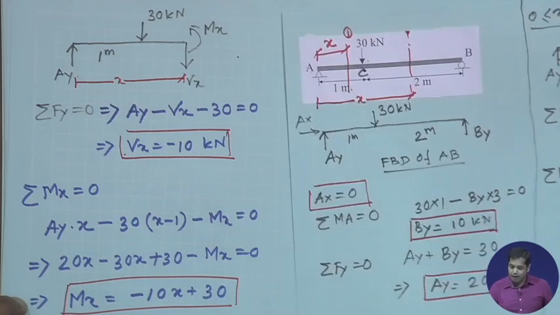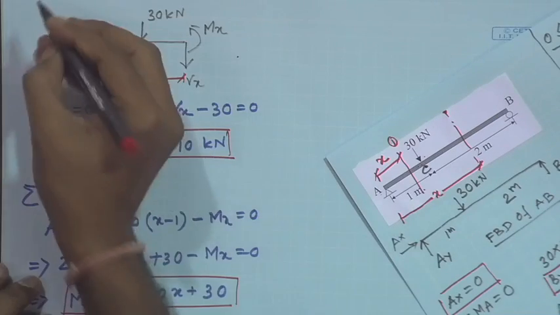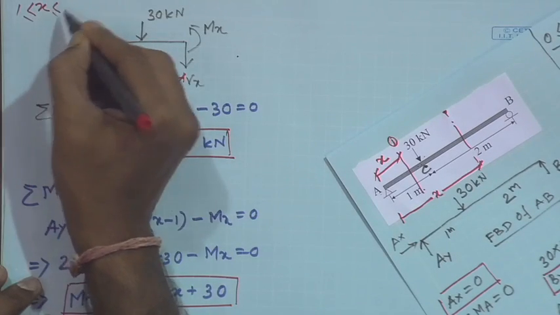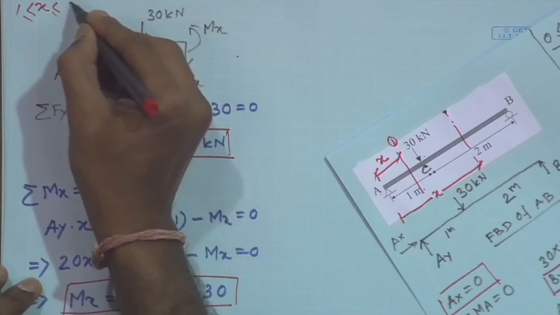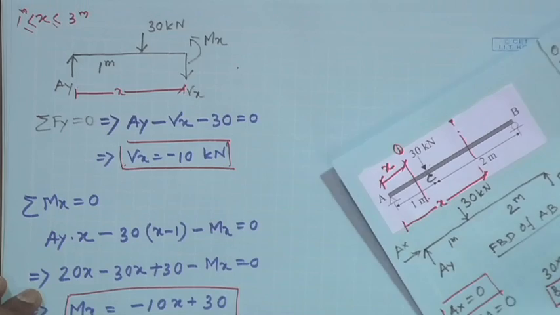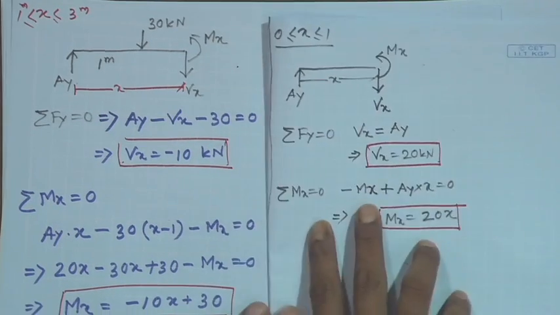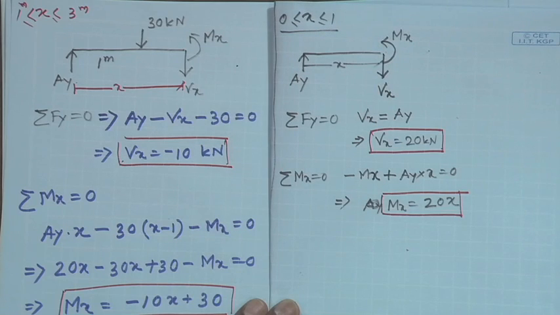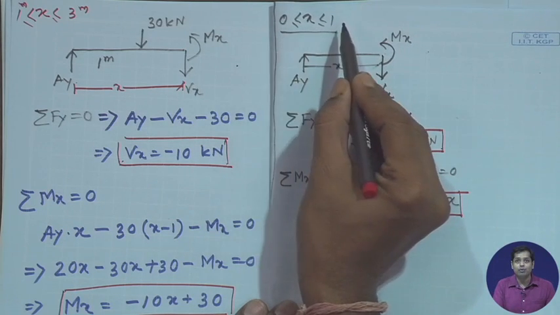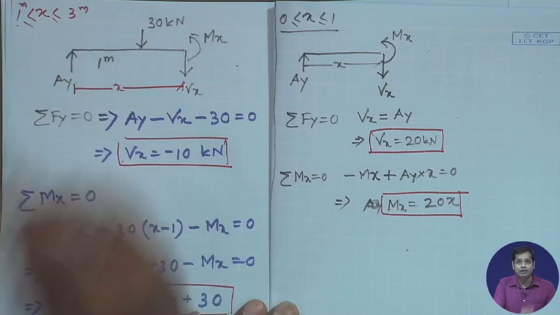Now this one is x from 1 meter to 3 meter. If you see, we have two results: this is for x between 0 to 1, and this is between 1 to 3.